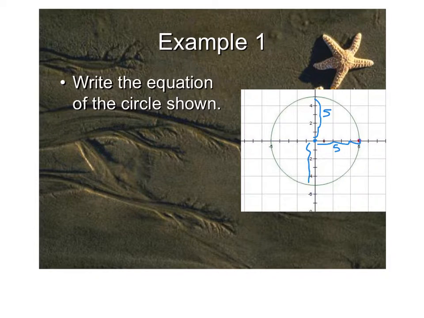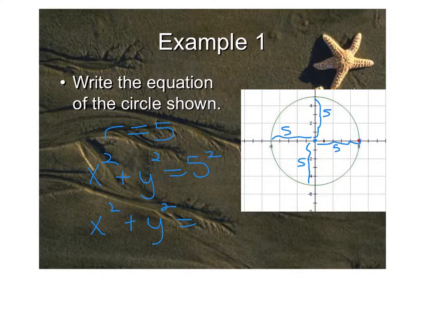Or even if you counted down, it's 5. Or to the left, the radius length, no matter which direction you chose, was a length of 5. So now I'm going to use my formula, and it's going to be x squared plus y squared equals 5 squared. X squared plus y squared equals 25.